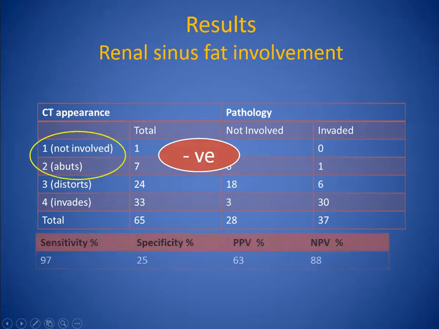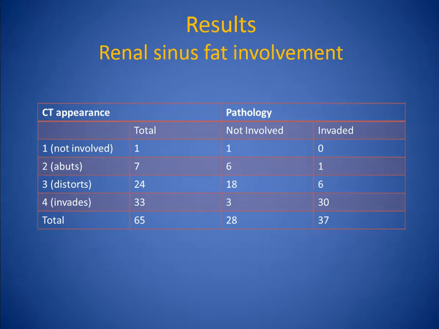So if we consider scores 1 and 2 as negative, that gives us a sensitivity of 97%, specificity of 25%.